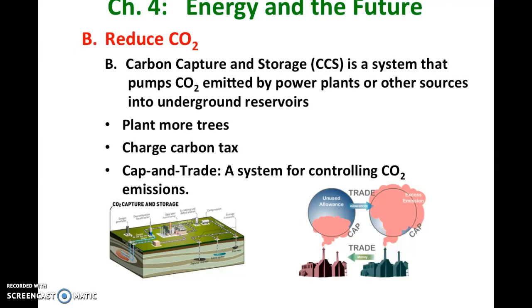Plant more trees, charge carbon tax, do cap and trade, and so on. That helps us to reduce carbon dioxide.